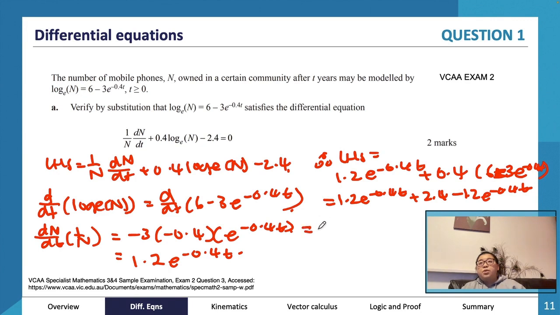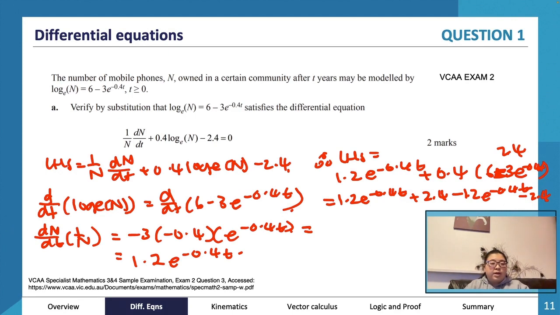So you can see how those two cancel out, and then there's also a 2.4 at the end that we've got to add on. Or minus 2.4, sorry, not plus. Minus 2.4 and minus 2.4.